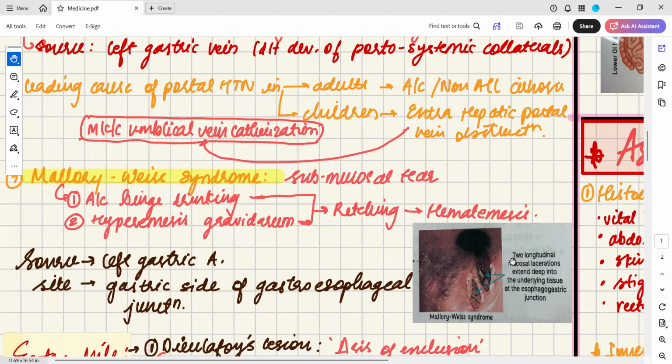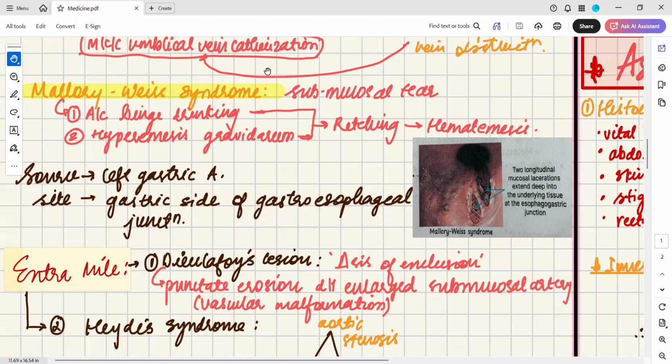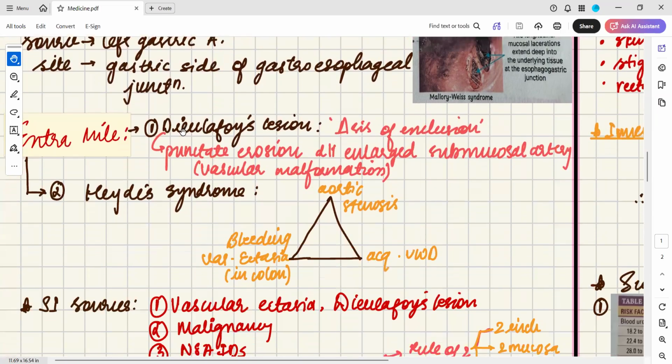Sir, in the table, the two things that were mentioned were Delafoy's lesion and Heyde's syndrome. Delafoy's lesion is basically a diagnosis of exclusion: if we can't peg any disease, we think of this.